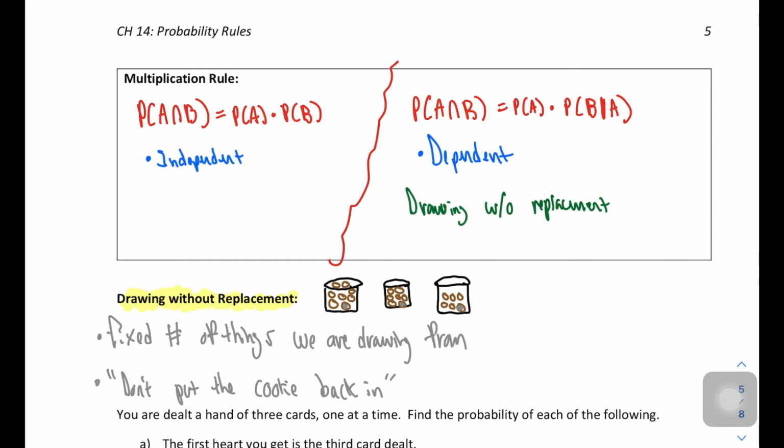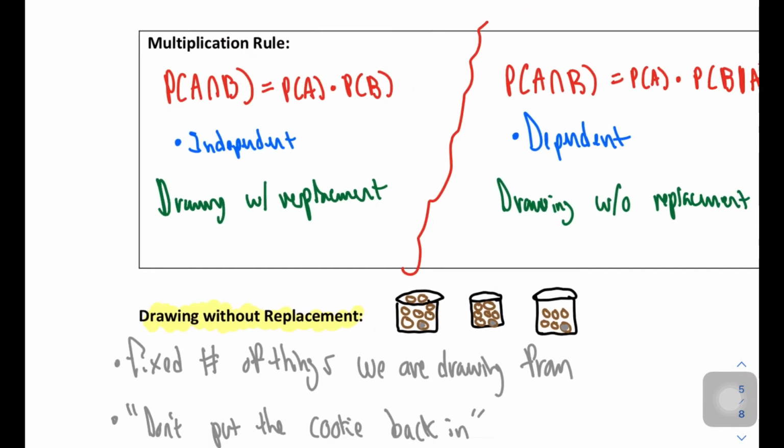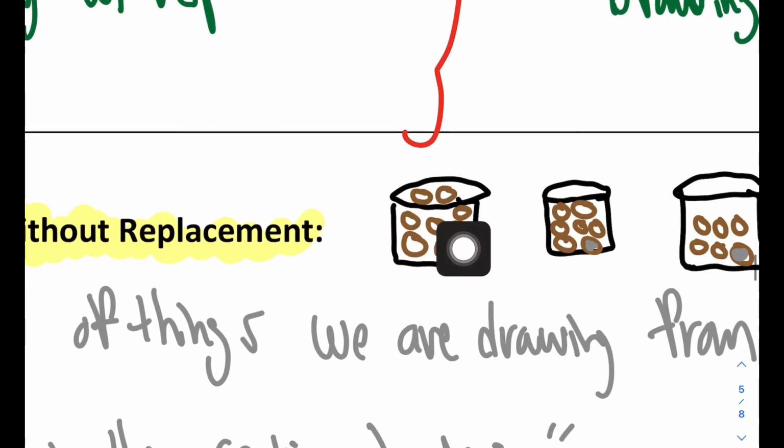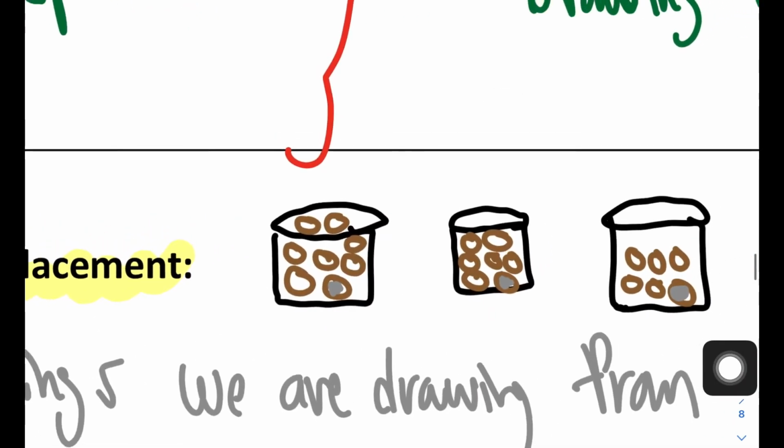And over here, this is drawing with replacement. What this would have looked like is if on my first day I picked a cookie, let's say it wasn't the gray one, but then instead of eating it, I just put it back in. So my probability is 1 out of 8 there.